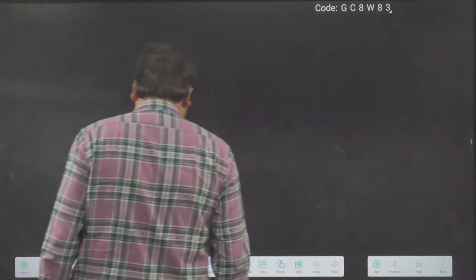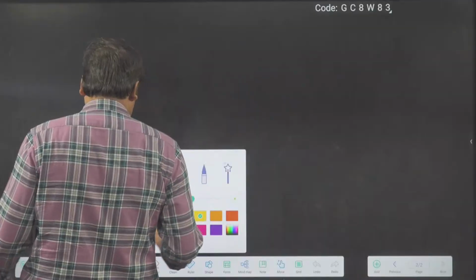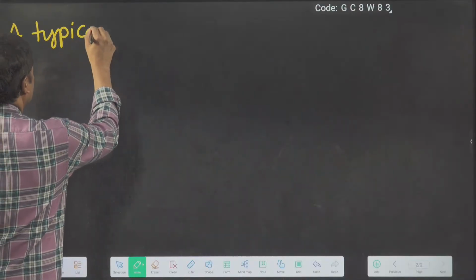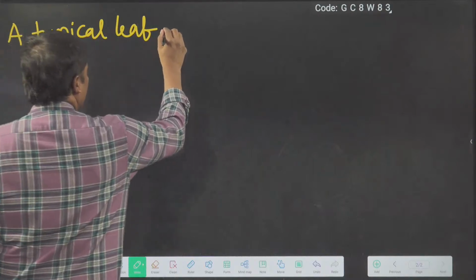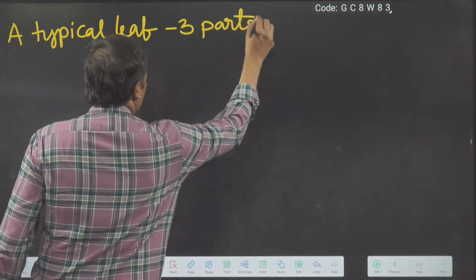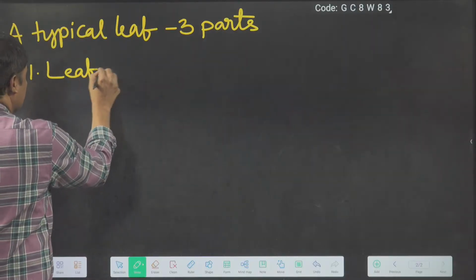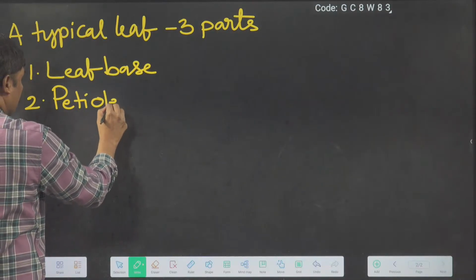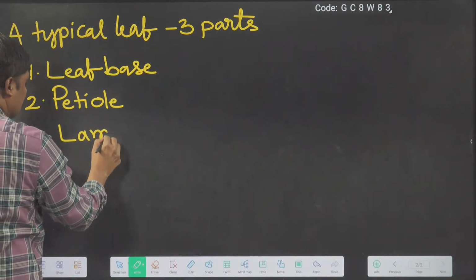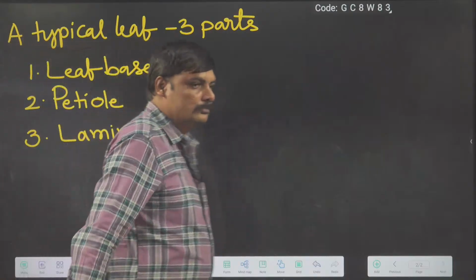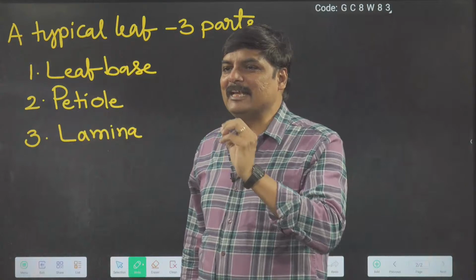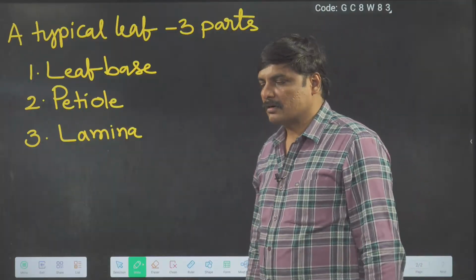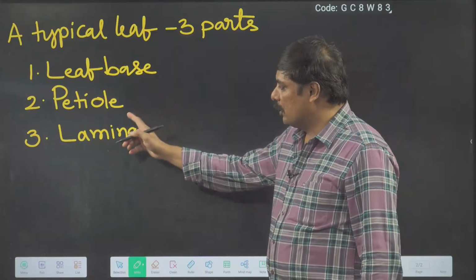A typical leaf, a standard leaf, has three parts, namely: one, leaf base; two, petiole; three, lamina.